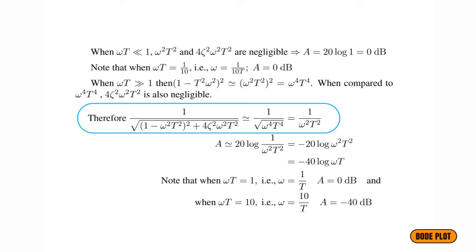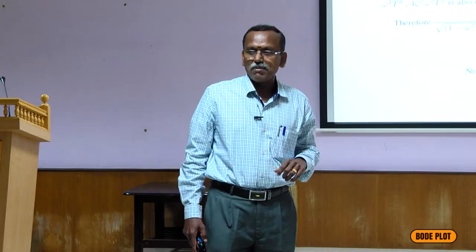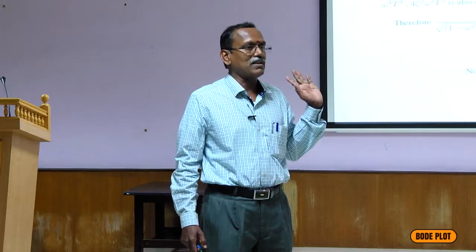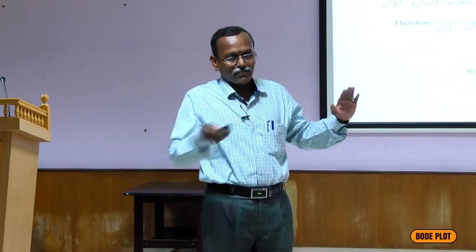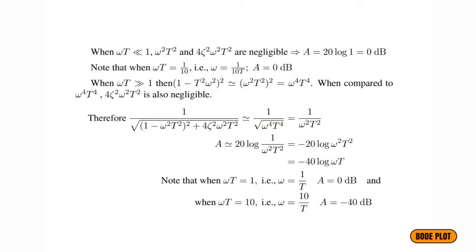A is approximately equal to minus 20 log omega square tau square, or minus 40 log omega tau. For a first order factor we got minus 20 dB per decade. Here we got minus 40 dB per decade. That is the only difference. Up to the corner frequency 0 dB, after the corner frequency minus 40 dB per decade. To draw this, for 1 decade, what is the difference we are finding?